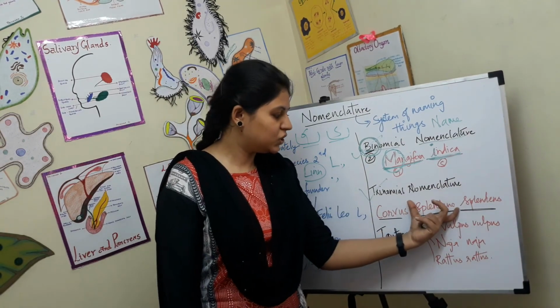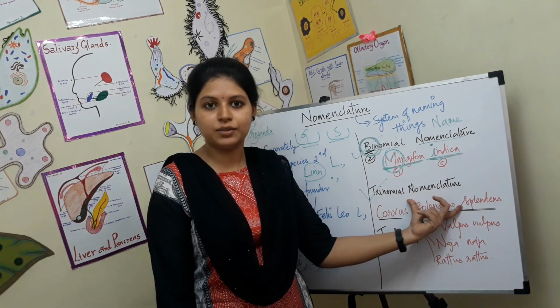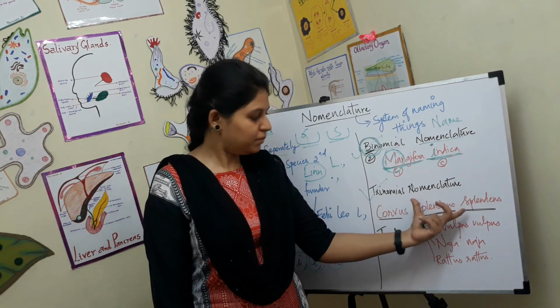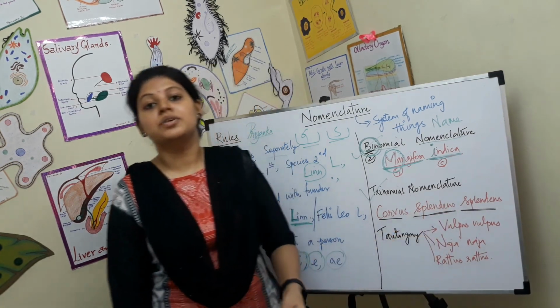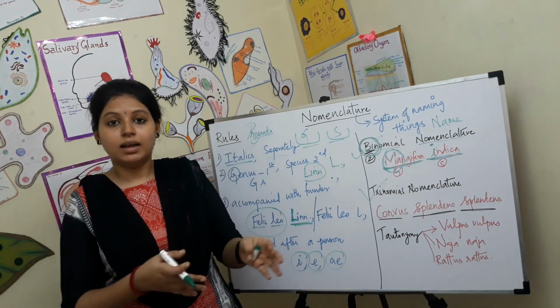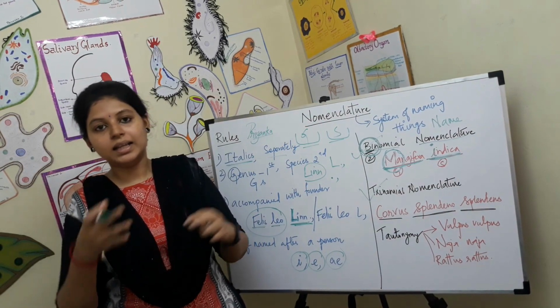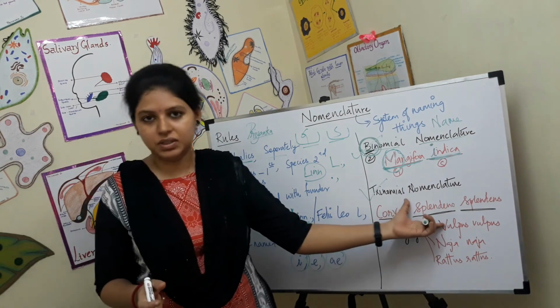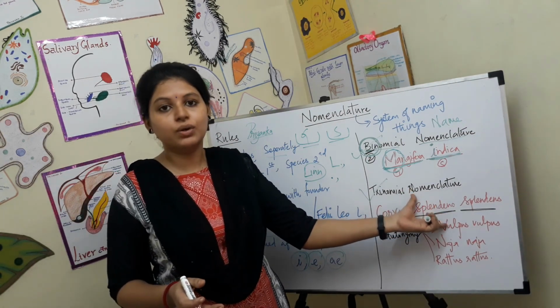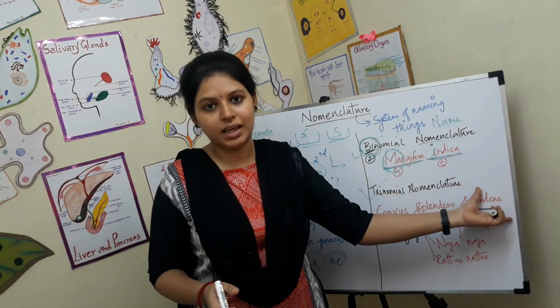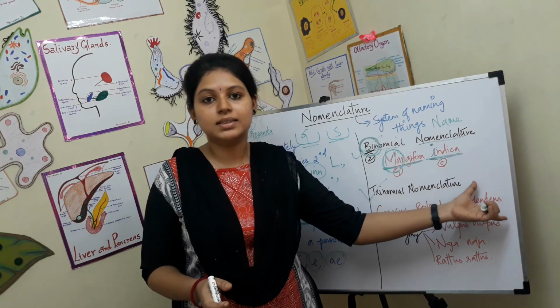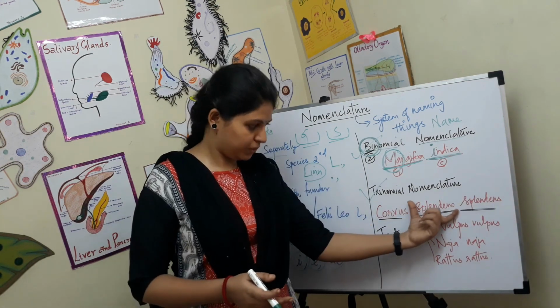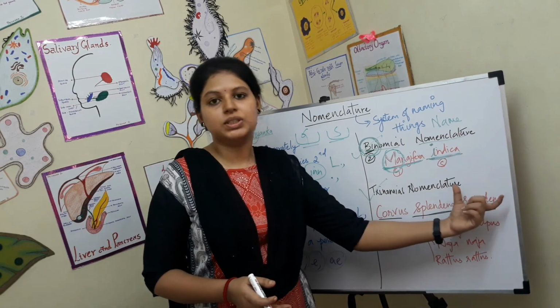Suppose the species is the lowest order of classification. Sometimes this lowest order of classification, the species, can be varied. There are many variations in these species. In that case, we go for a second species name and we call it subspecies, the species next to the species.